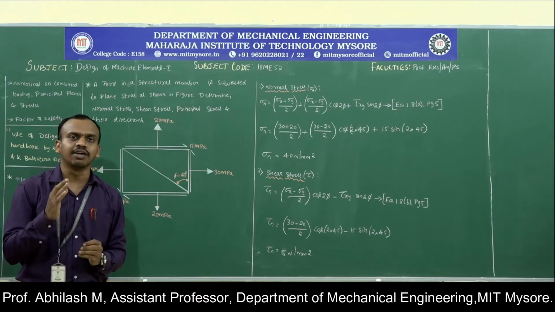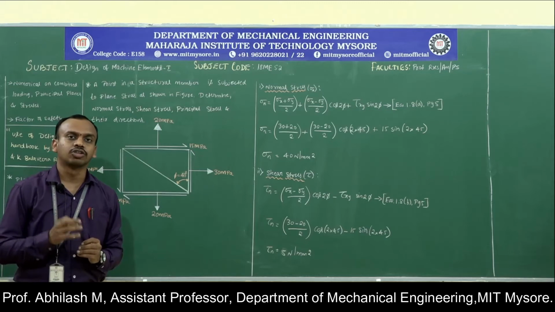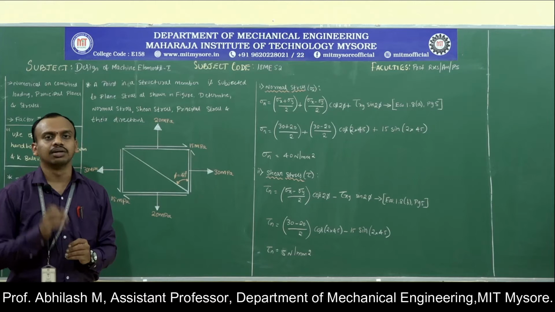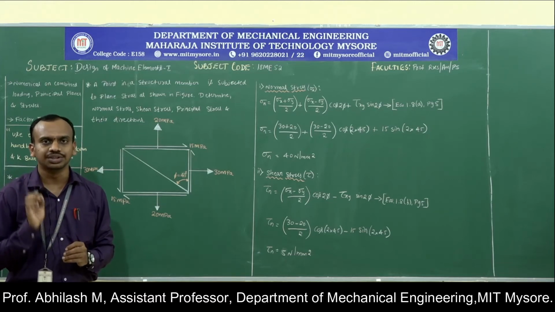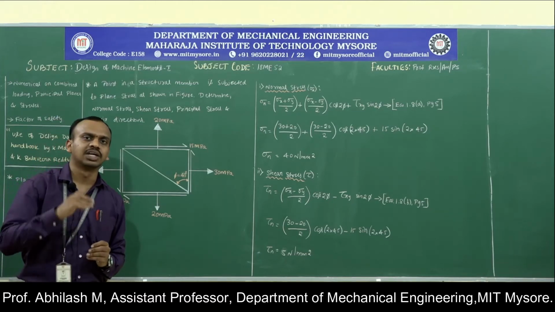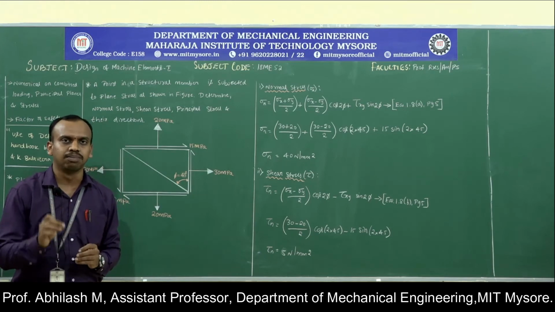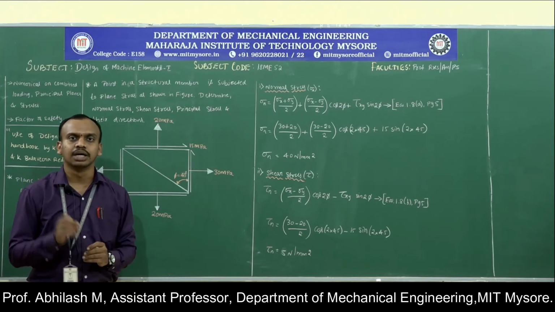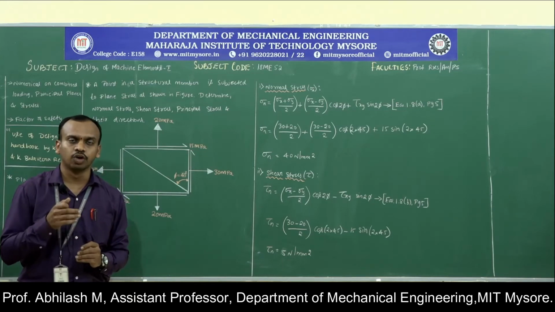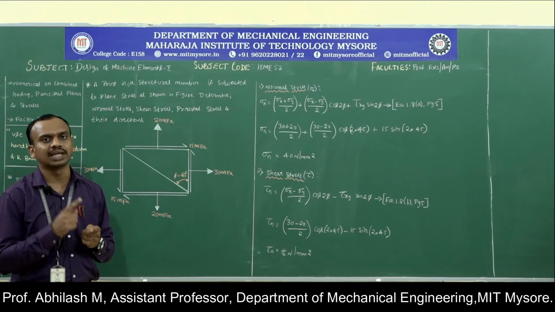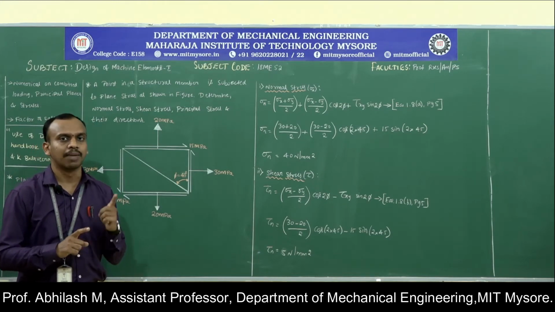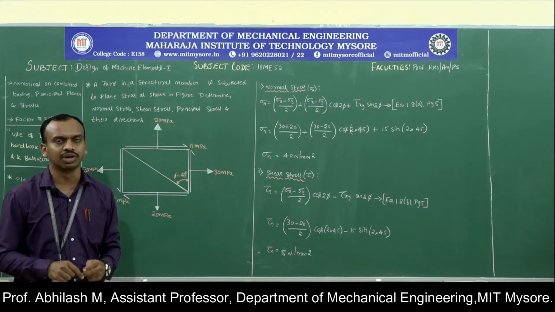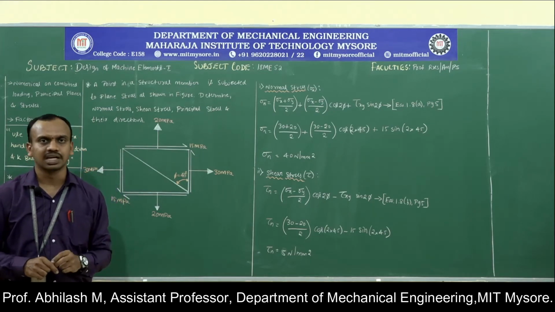But there are three different planes, mutually perpendicular to each other, in which the shear stress will be equal to 0, and those three planes are called principal planes, and the stresses developed on those planes are called principal stresses. Out of those three, the one carrying the maximum normal stress is called the maximum principal stress, and the one carrying the minimum normal stress is called the minimum principal stress.